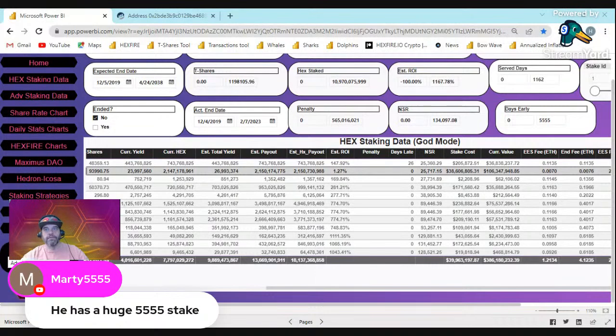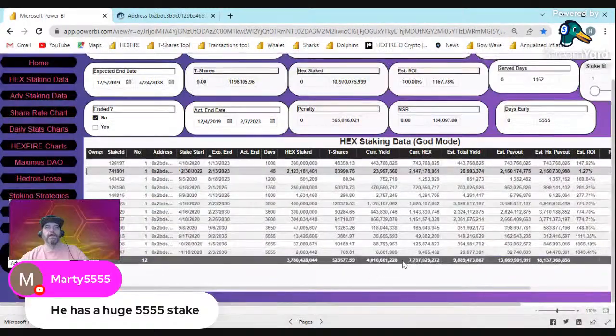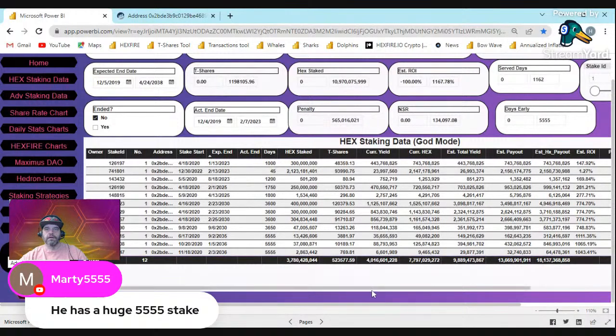Yeah, it makes sense to me, Marty, that he does have these big stakes, though. I mean, he's feeding into the system just like everybody else, right? So my strategy in the beginning, and I think this still holds true, is I stake medium and long, which I consider medium to be kind of that 3 to 7 year range, and long. People said to me, why'd you do the Quattrocincos? You don't know what's going to happen in 15 years.